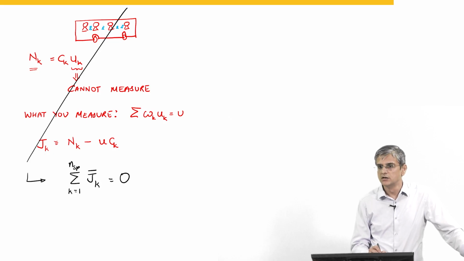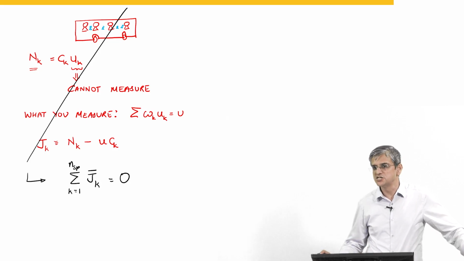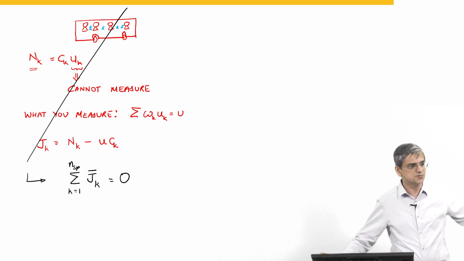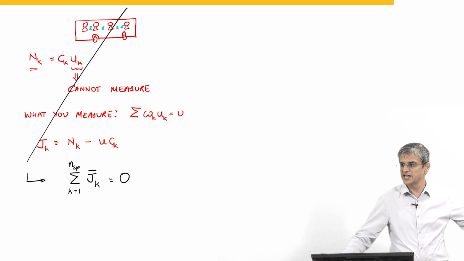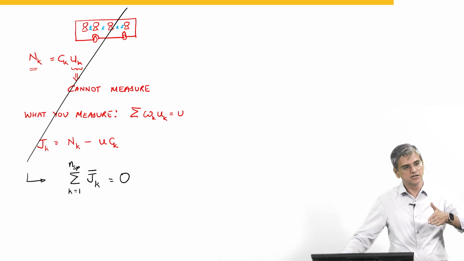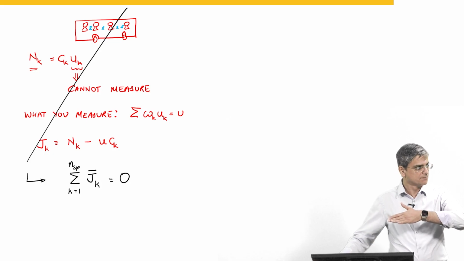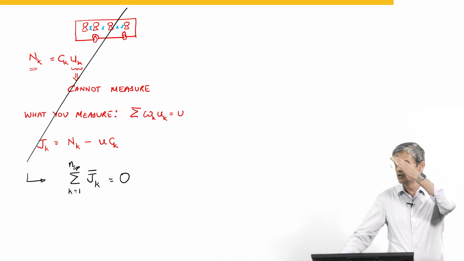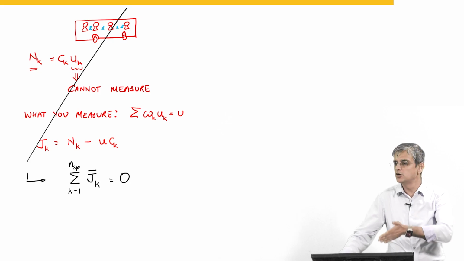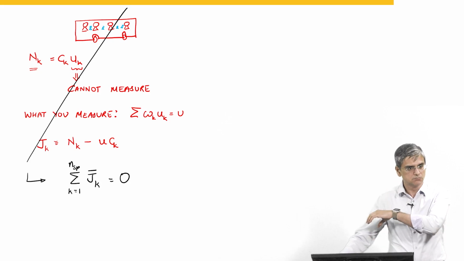Okay. This you can also get from your overall species balance. If you add up the overall species balance, the left hand side will become the continuity equation, the right hand side has to become 0. The reaction term added over all the species will become 0.